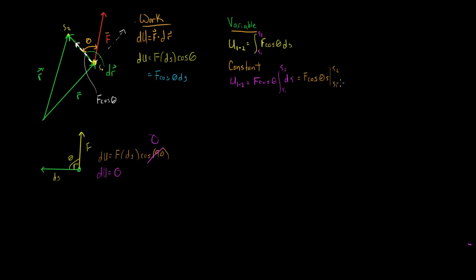And when we input our two bounds and we evaluate this expression from S2 to S1, we're going to get this is equal to our F times the cosine of theta times S2 minus S1. And this is the equation we have for a constant force, this right here.